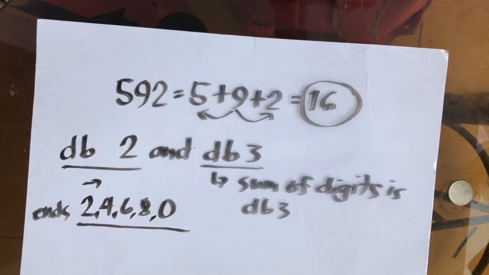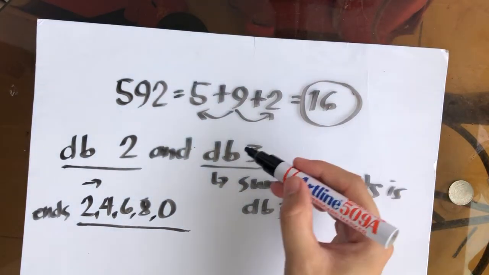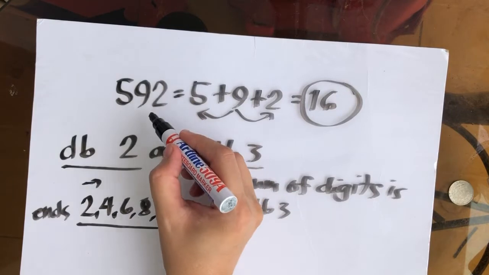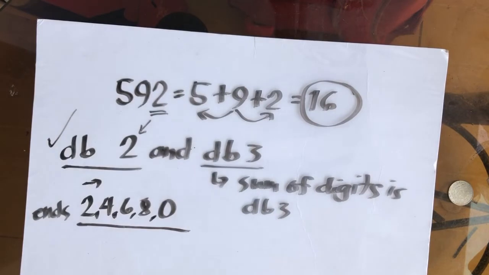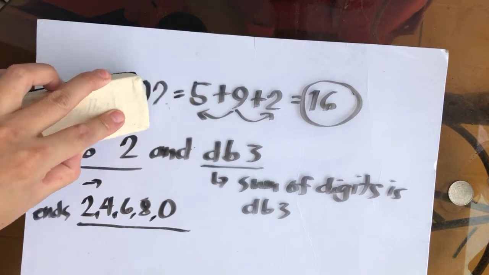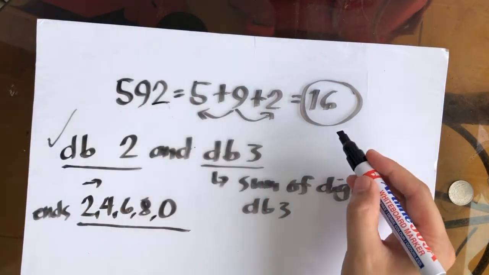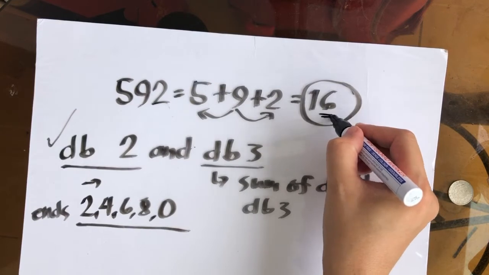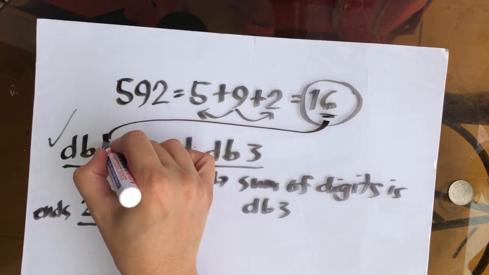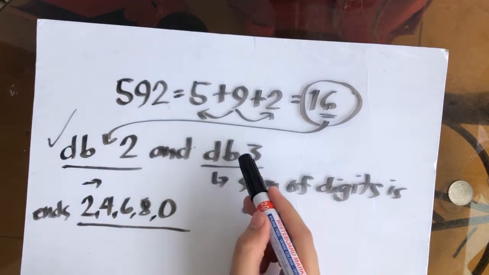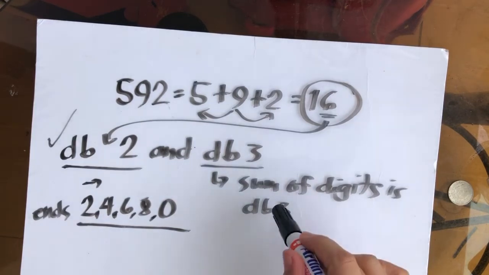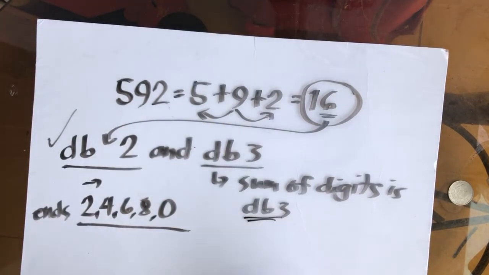Kaya lang, kung titingnan natin yung ating example, ang huling digit niya ay 2. So, correct, divisible siya by 2. Okay? Ito pala. Ang kanyang sum, ang huling digit ay 6. So, still divisible by 2. Kaya lang, for it to become divisible by 3, ang sabi, ang kailangan sum niya, divisible by 3. Problema natin, ang sum niya ay 16.